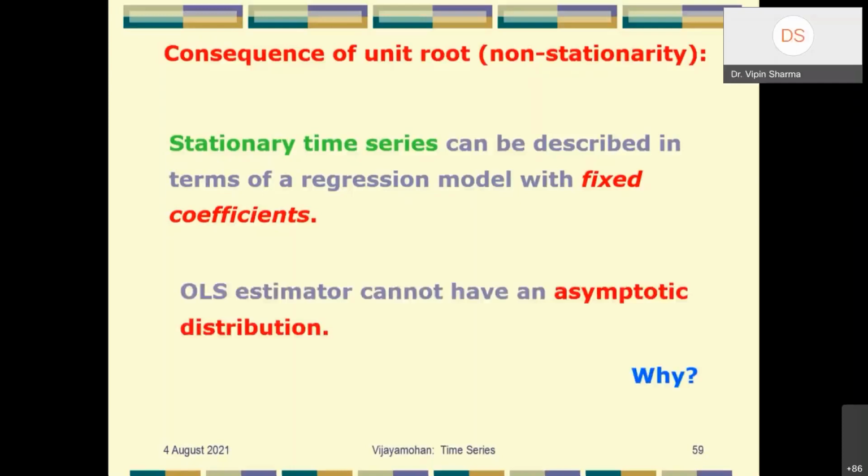However, the OLS estimator in the presence of a unit root cannot have an asymptotic distribution. See, asymptotic distribution means the distribution of the OLS estimator as time increases infinitely. Asymptotic means as time increases infinitely. Now, why do we say that the OLS estimator in the presence of unit root does not have an asymptotic distribution?